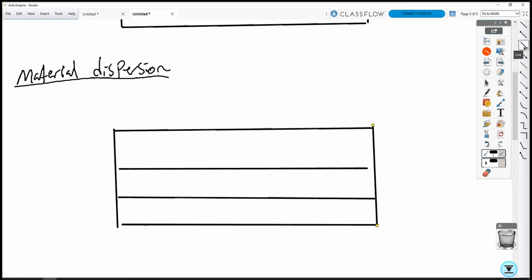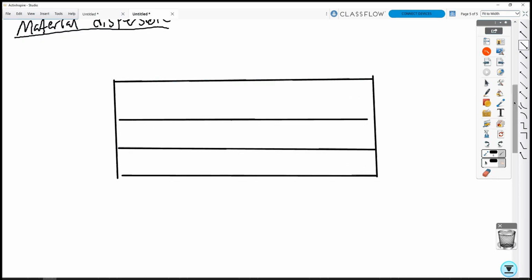Now, this time I'm going to have white light coming in, and because I can't draw a white arrow, I'm going to draw it as a black line first. And what I'll do is I'll just put a dotted line for the axis. That will make it easier for me.